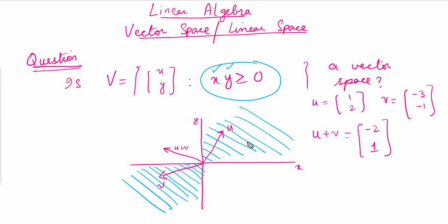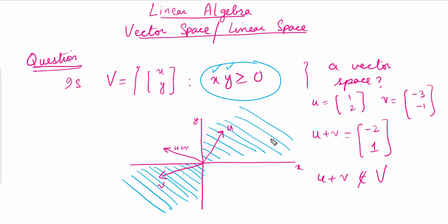So u plus v does not belong to the vector space, hence this is not a vector space. This is how we can check the additive property and the multiplication by a constant, so that the resultant vector lies within the vector space. In this case, it's not lying in the vector space, so we cannot say that it's a vector space.